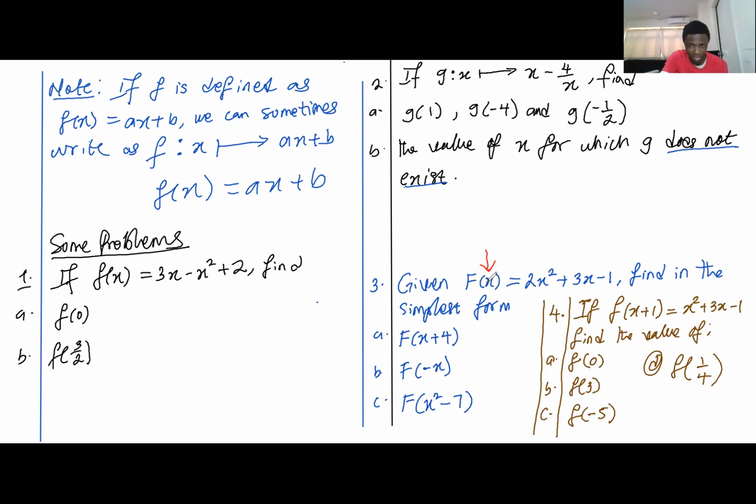If this argument is as huge as a dinosaur, it will be 2 times dinosaur squared plus 3 times dinosaur minus 1. Nobody cares what the argument is. That's the definition of the function. If this was you, Brandy, and you are an argument, it will be 2 times Brandy squared plus 3 times Brandy minus 1. So all these guys just serve as the arguments.